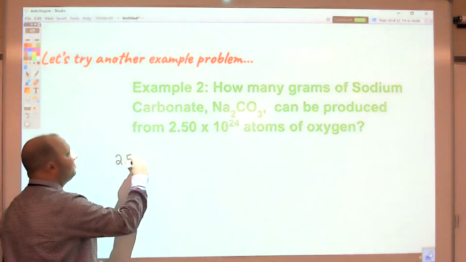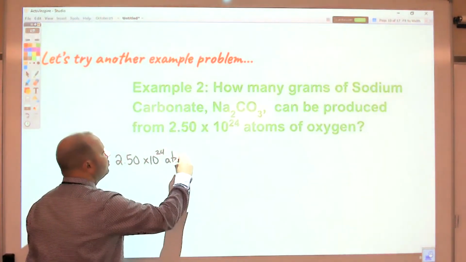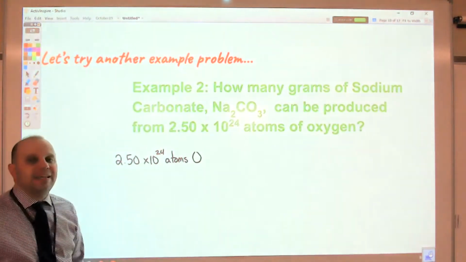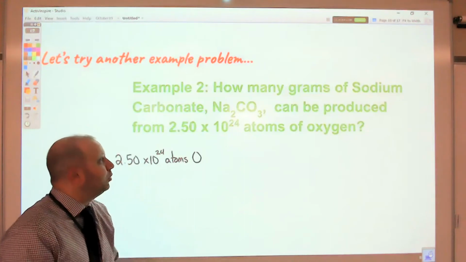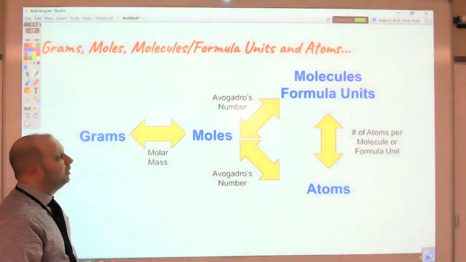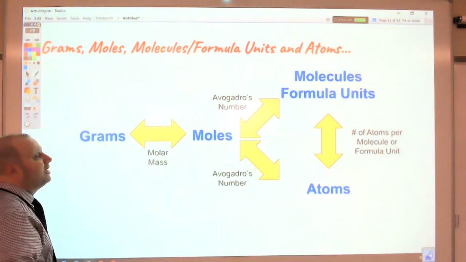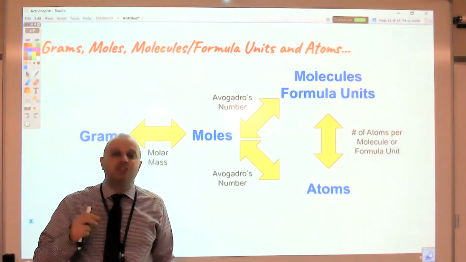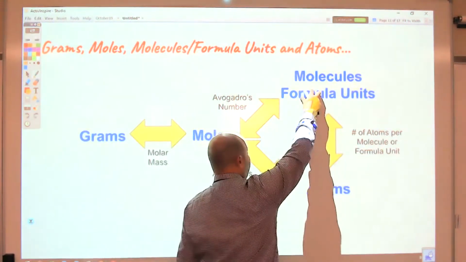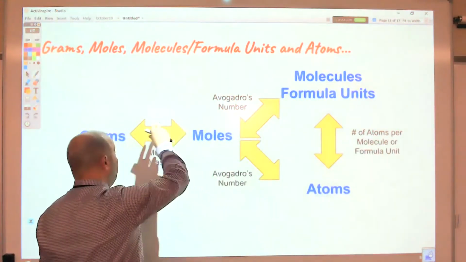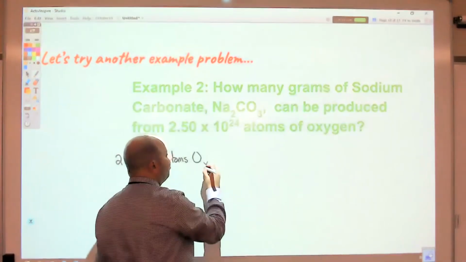In this case, we are starting off with atoms and we are working backwards in order to get to grams. Because the compound is not just oxygen, because it's sodium carbonate, I have to go up to formula units first, down to moles, and then across to grams. So it's again going to be 3 conversions.